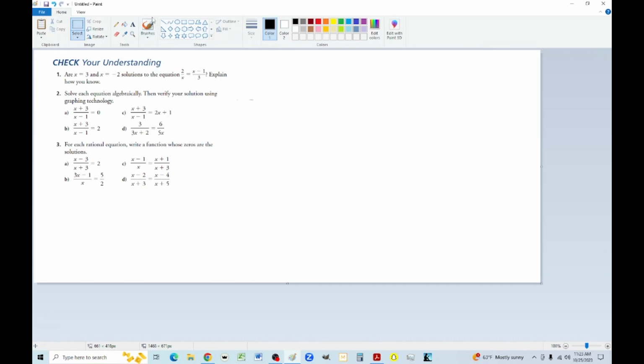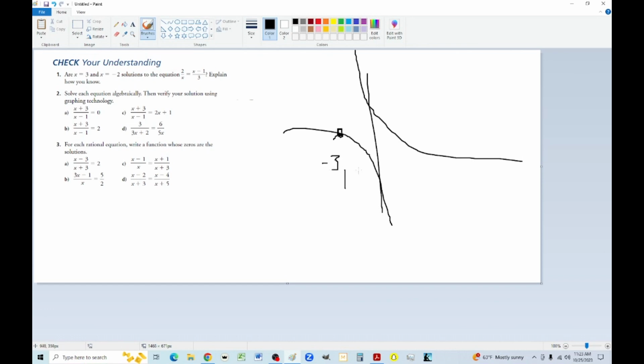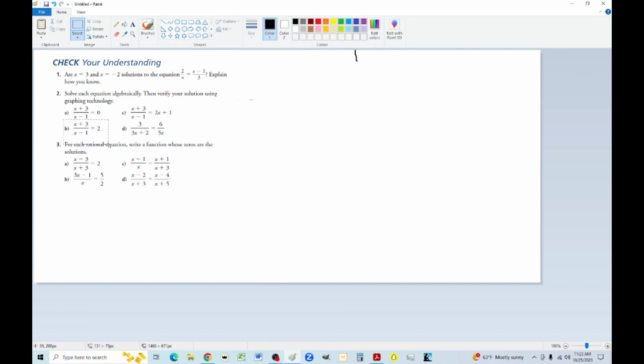So you're going to see a reciprocal function like that with an asymptote at x is equal to 1, and then right over here at x is equal to minus 3, it's going to be minus 3 comma 0. It'll cross the x-axis there at that point, and only at that point. That's what happens when you make anything equal to 0: you're finding out when it crosses the x-axis.